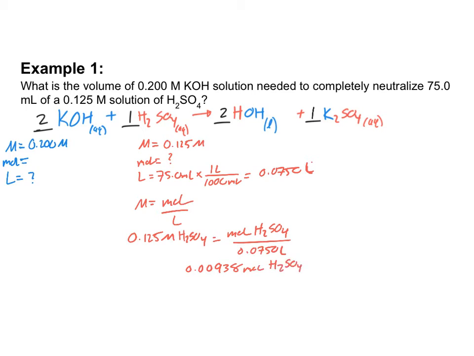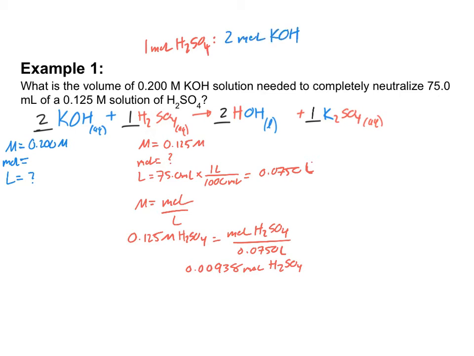Okay, so I now know moles of H2SO4, and because I know moles of H2SO4, I can calculate moles of KOH. But when I go from moles of something to moles of something, what do I need to know, find, or calculate? The mole ratio, right? So in this case, the ratio is 1 mole of H2SO4 to 2 moles KOH.